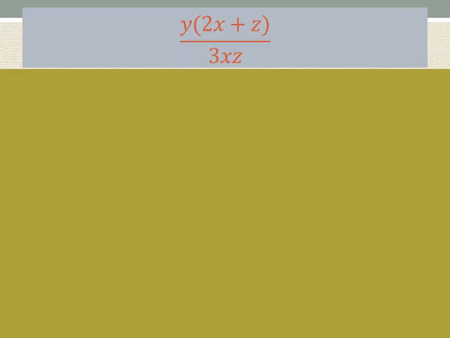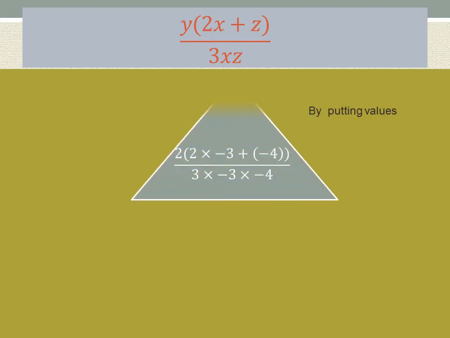In the next question, there is a fraction and also in the numerator there is a bracket. First we put the values. Y is equal to 2, x is equal to minus 3 and z is equal to minus 4.